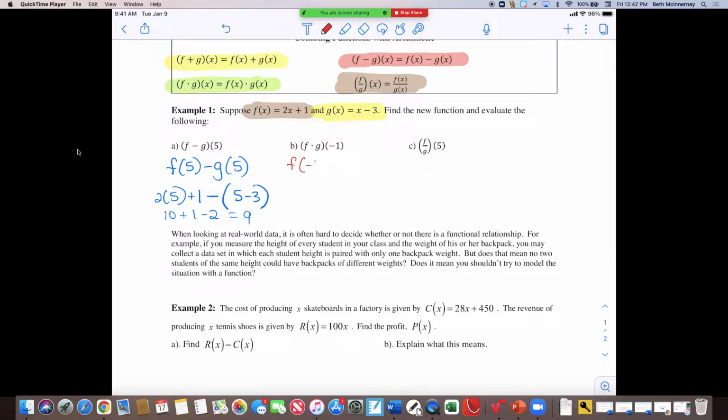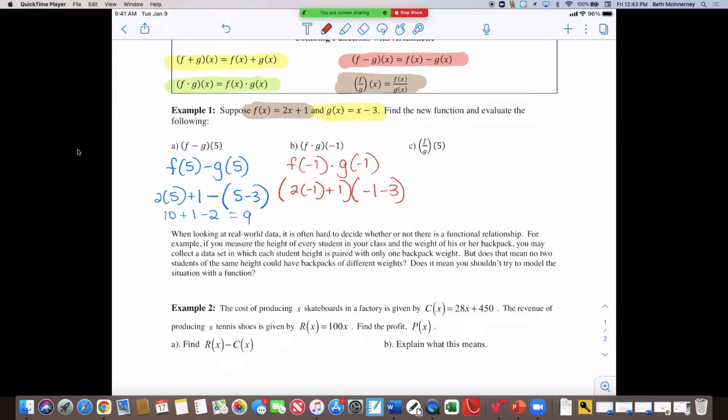This is f of negative 1 times g of negative 1. So let's do a big grouping, and that's going to be 2 times negative 1 plus 1, and then that's negative 1 minus 3. So the f function, let me make sure you're following me here. Okay, when I want f of negative 1, I go to f of x.